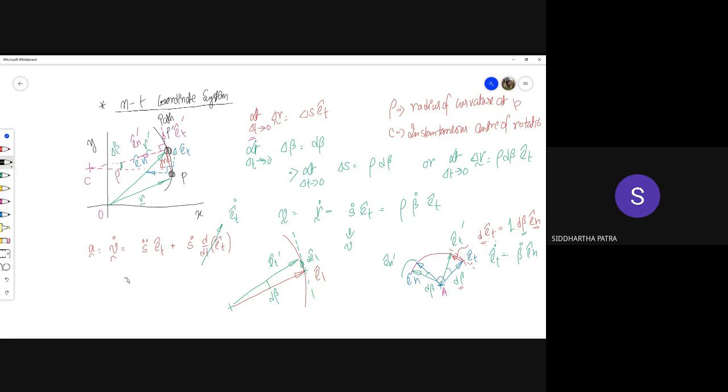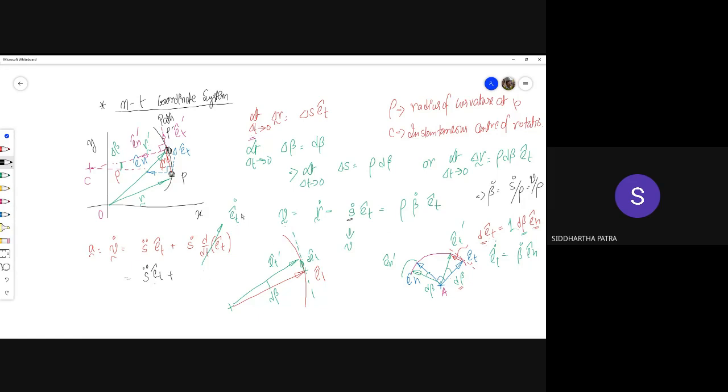Okay, so this quantity is s double dot et plus, you can substitute the expression for beta dot. Beta dot is s dot divided by rho, or v divided by rho. V is the speed, or s dot, the scalar part of the velocity.